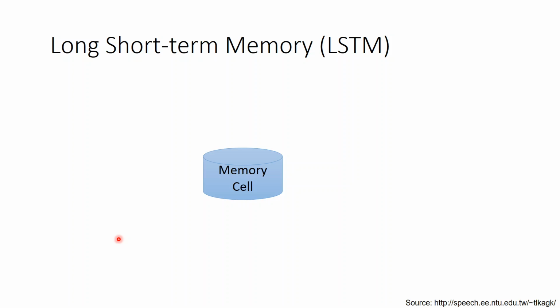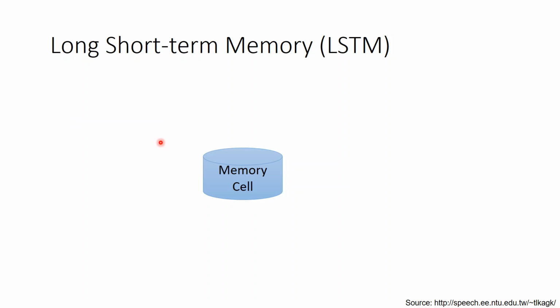So the long short-term memory LSTM will store the nearest information and make its weight highest near right now, while the weight for the far information is very small.